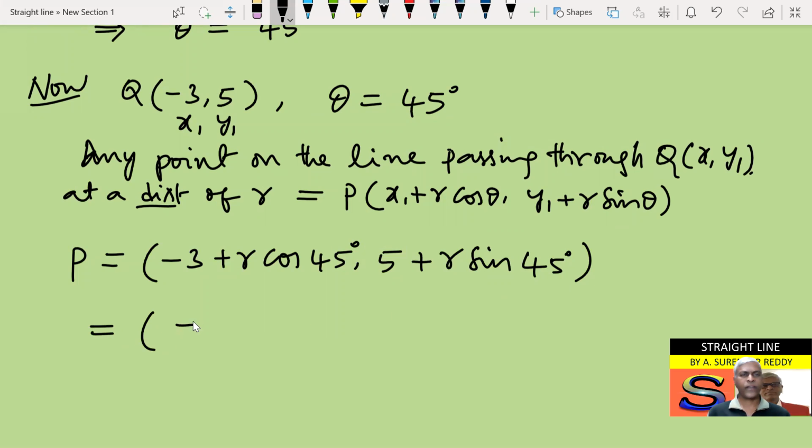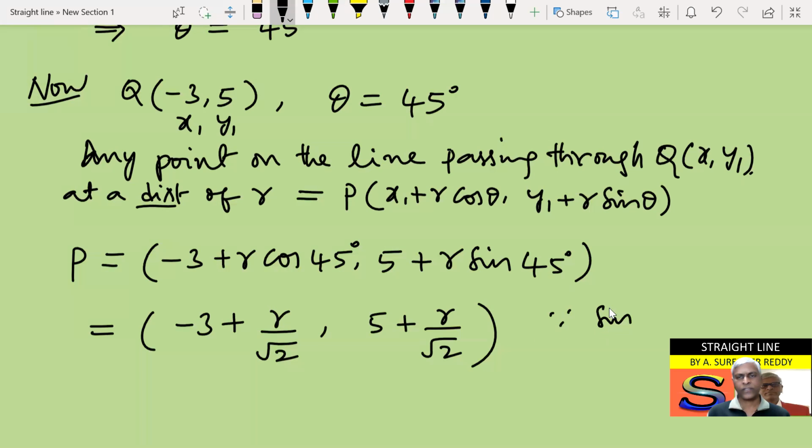And further simplifying, cos 45 is 1 by root 2, so this becomes R by root 2. And sin 45 is also 1 by root 2, so this becomes R by root 2.